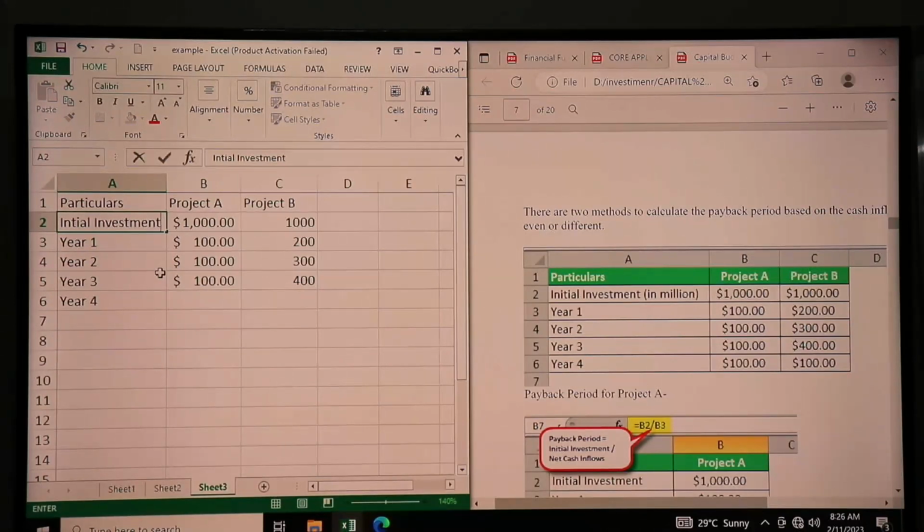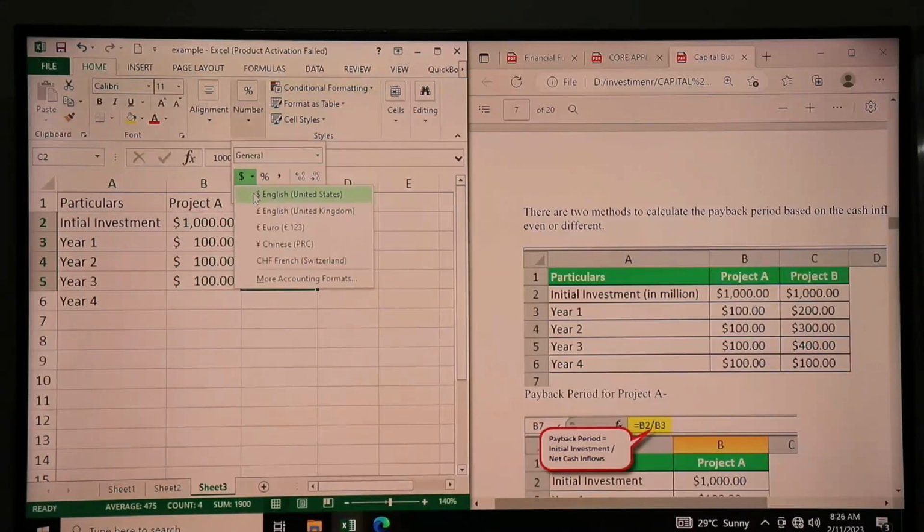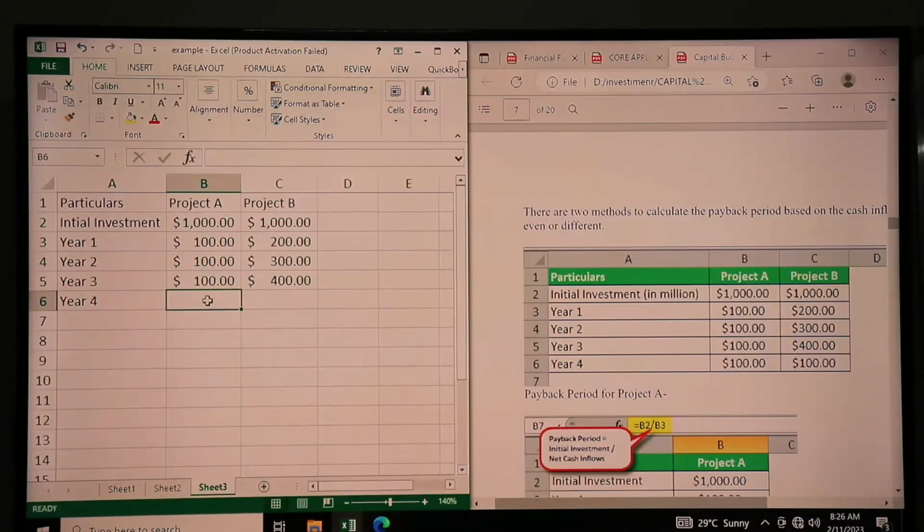So the initial investment is the amount we invested in our project. We have set our figures into the currency, and we have used dollars. In this investment, we have seen two projects.